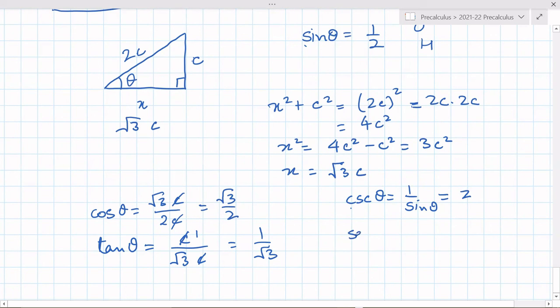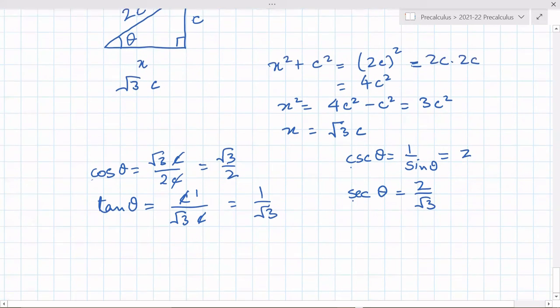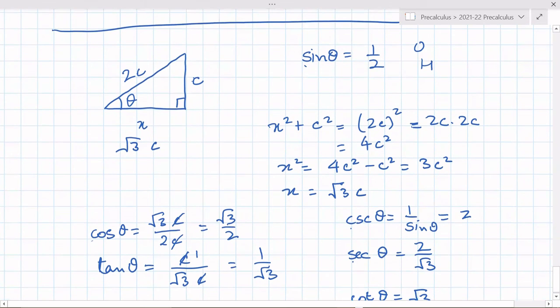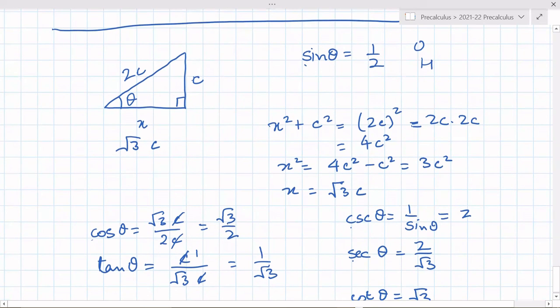And secant theta starts with S, so 1 over C, 1 over cosine is 2 over root 3. And cotangent theta is 1 over tan, so that is root 3. If I knew one ratio, one of these 6 trig ratios, I can figure out all the other 5.